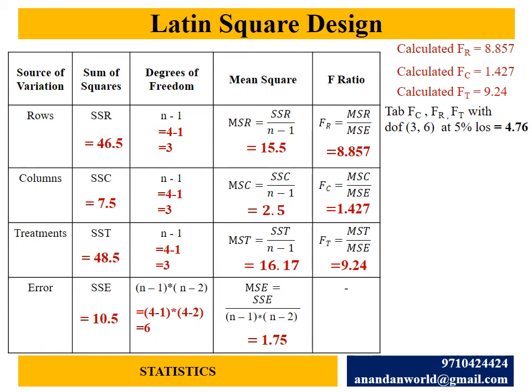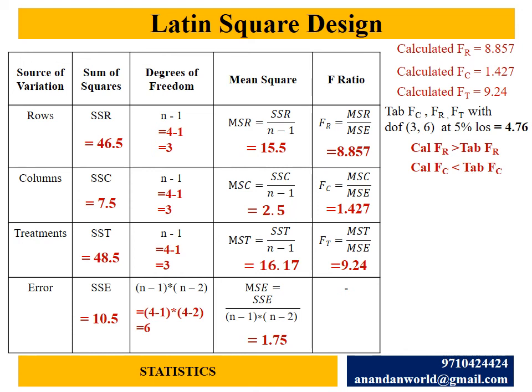The tabulated value with degrees of freedom 3, 6 at the 5% level of significance is 4.76. It is the same for rows, columns and treatments. So clearly the calculated FR is greater than the tabulated FR.